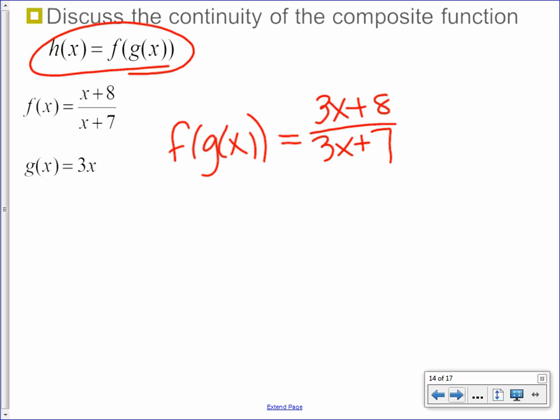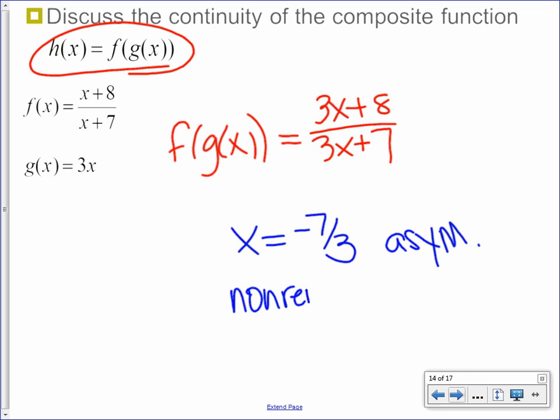Negative something could make it so. What's happening at x equals negative 7/3? It is an asymptote. So what kind of discontinuity? Non-removable discontinuity.